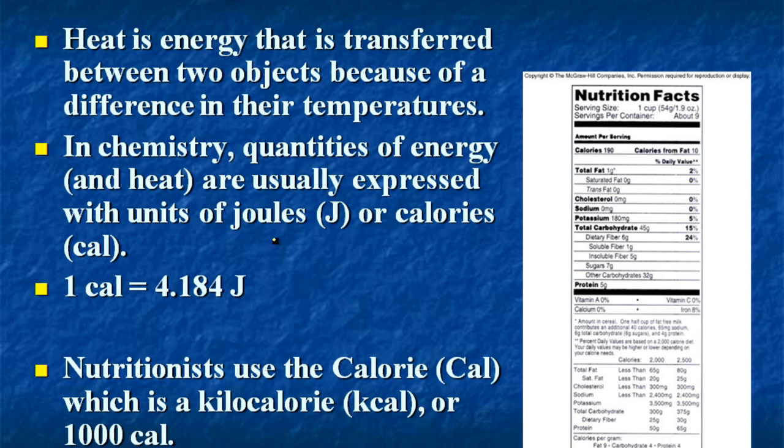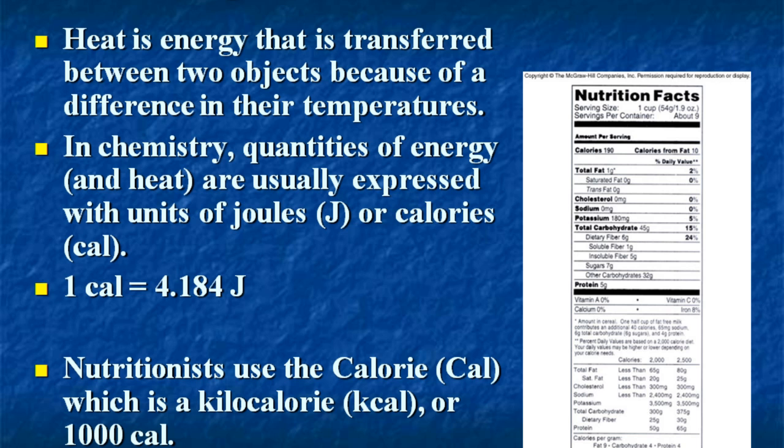Joules is the unit of energy, or calories. Note that this calorie is not exactly the same as the nutritional calorie. The nutritional calorie is a kilocalorie, or 1000 calories becomes 1 Calorie, and we differentiate that by writing the nutritional Calorie with a capital letter C, Cal, and the energy unit calorie with a small letter c, cal.